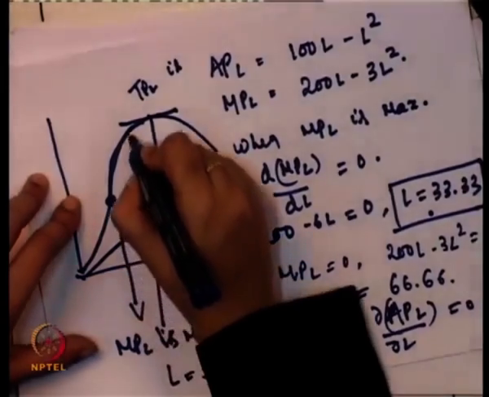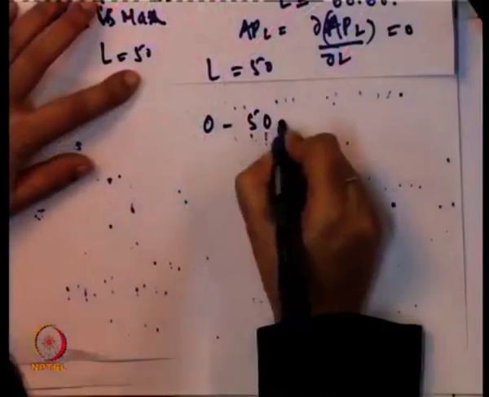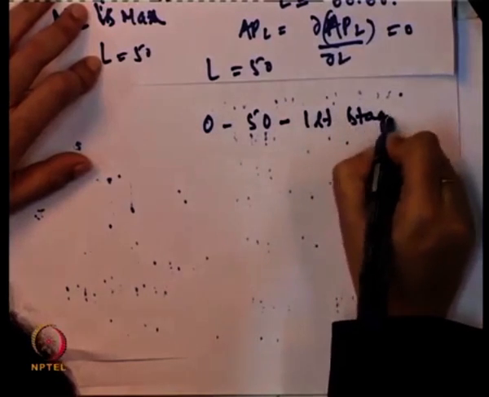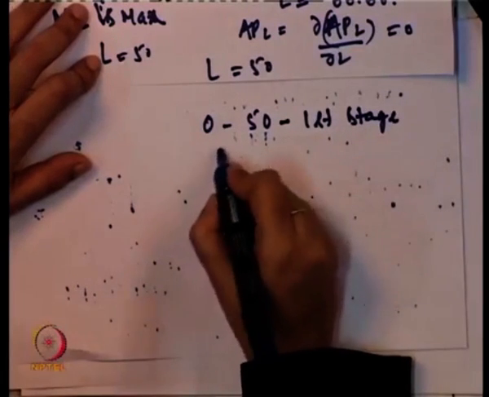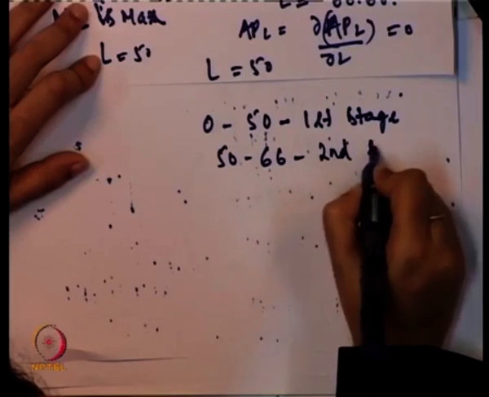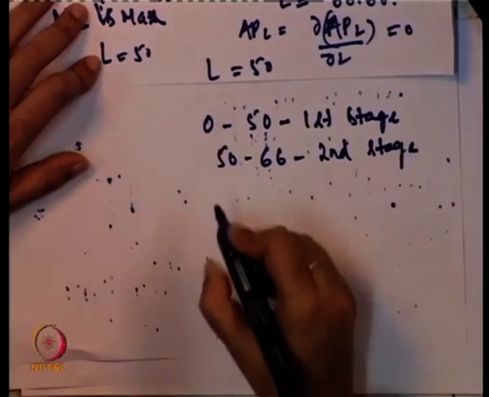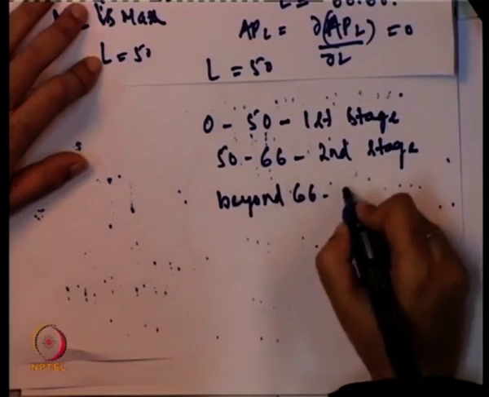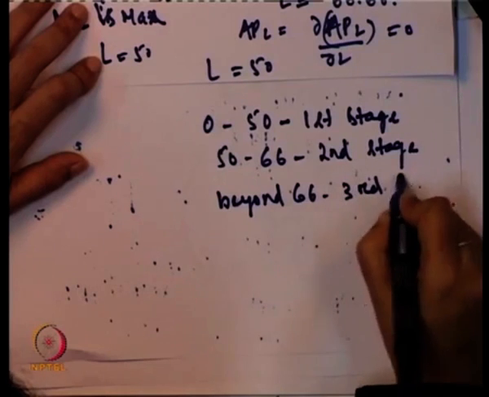So, now we can say that from 0 to 50 is the first stage of production, from 50 to 66 units of labor, second stage of production, and beyond 66 units of labor we have the third stage of production.